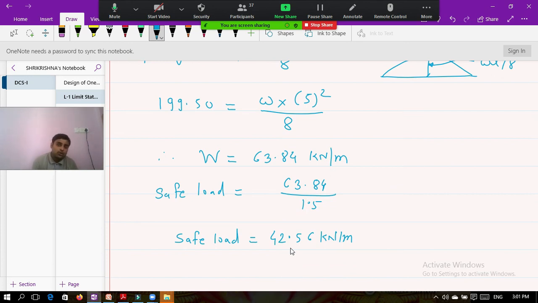So in tomorrow's lecture or whenever our next lecture is, we will take these problems instead of UDL. Now what we have calculated here is for UDL. When the point load is acting on the beam, then how to calculate the moment of resistance and the safe point load, that we will take in the next lecture. Okay.